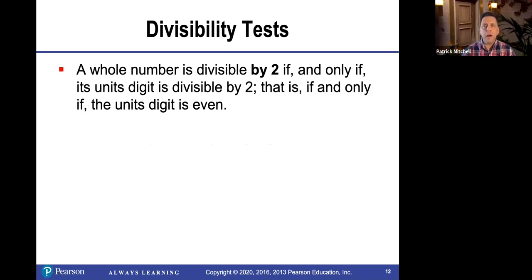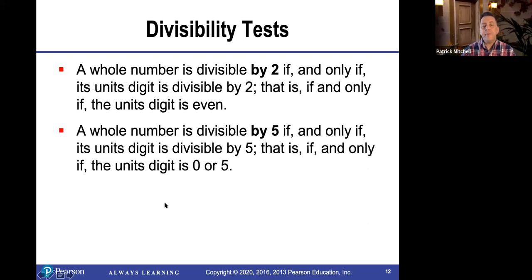Okay, but that's not typically what we mean by divisibility rules. I think more about this kind of thing, starting with divisibility by 2. A whole number is divisible by 2 if and only if its units digit is divisible by 2. That is, if and only if the units digit is even. So if your number ends with 2, 4, 6, 8, or 0, I don't care how many digits that number has, that number is going to be divisible by 2.